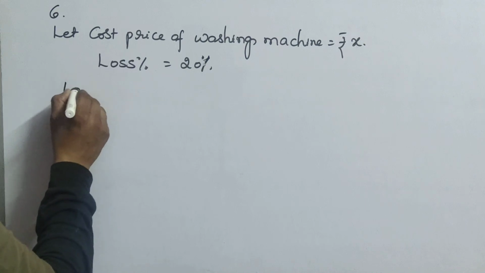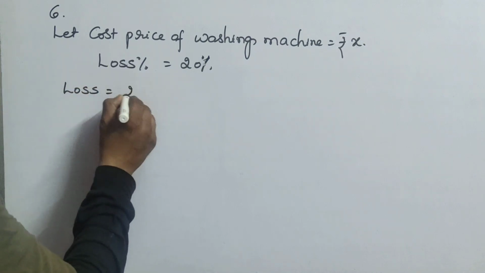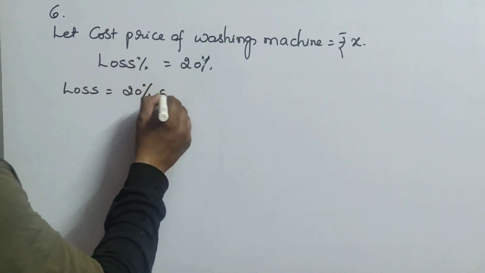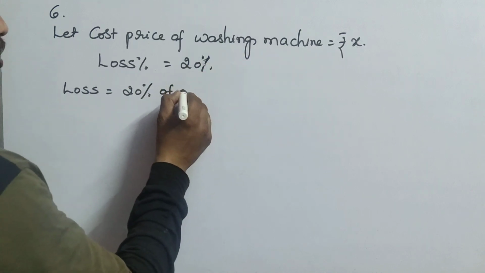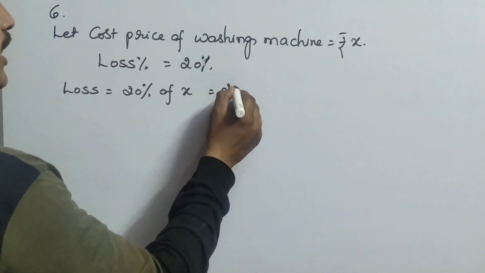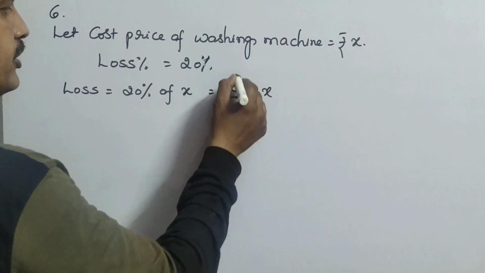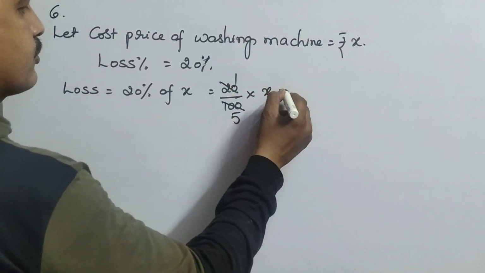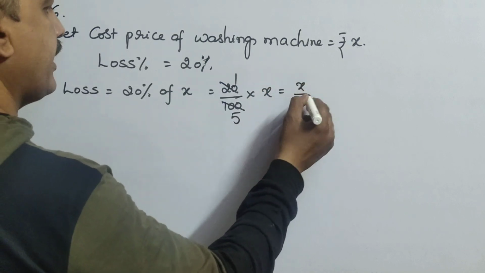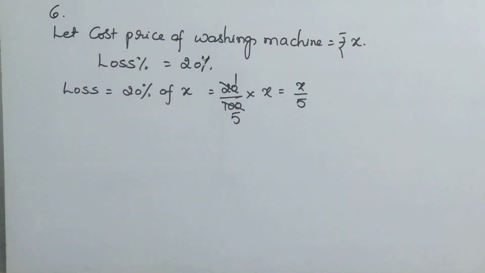Now how will you find the loss? Loss equals 20% of X, that means 20% of the cost price. So 20 by 100 into X. 5 ones are 5, 5 fives are 25, so that is X by 5. That is the loss now.